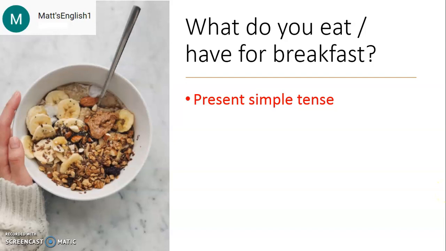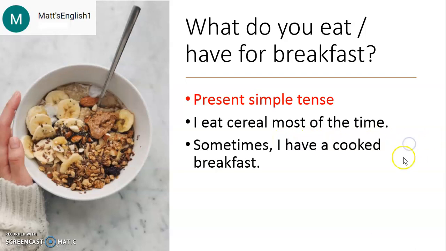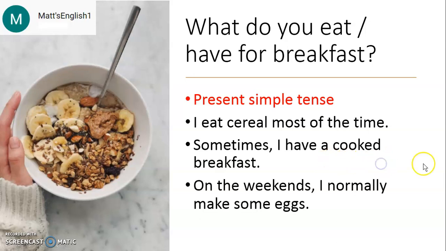Once again, the question is in the present simple tense. So how would you answer this question? Quickly now. Okay, so you need to be able to say, I eat cereal, and when? Most of the time. Sometimes I have a cooked breakfast. On the weekends, I normally make some eggs.